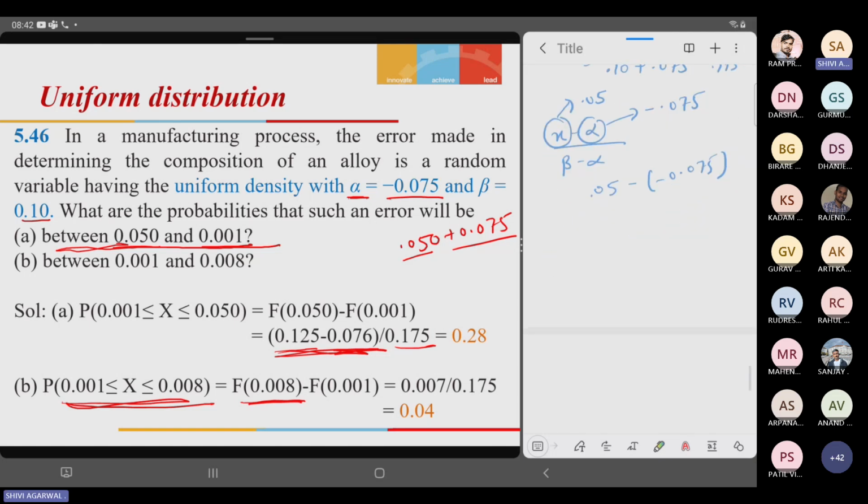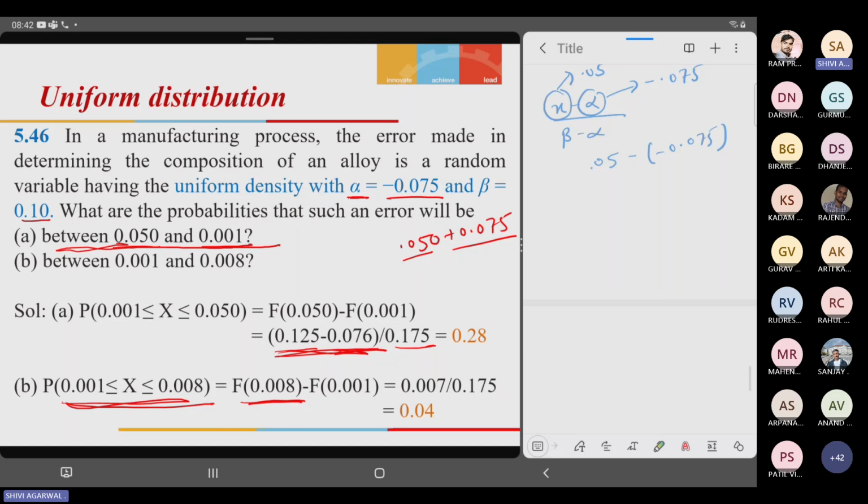Clear? So in the second part also, what we are doing is the probability when 0.001 is less than x is less than or equal to 0.008. So we use F of 0.008 minus F of 0.001. Correct?